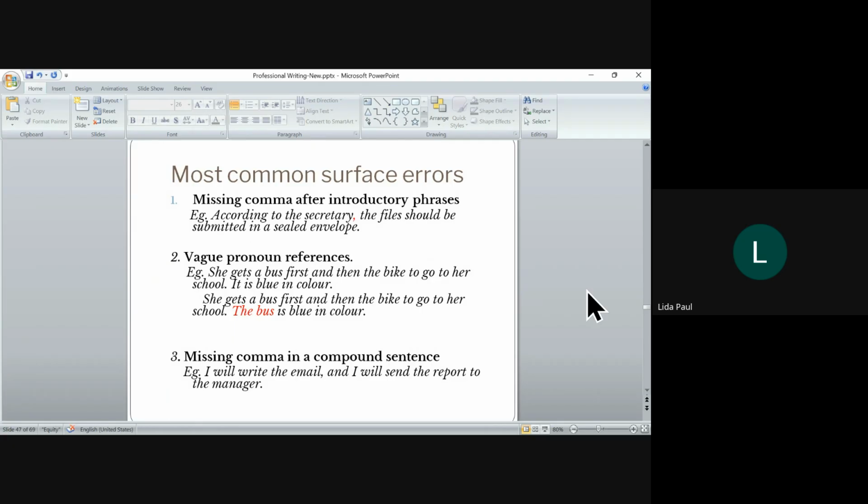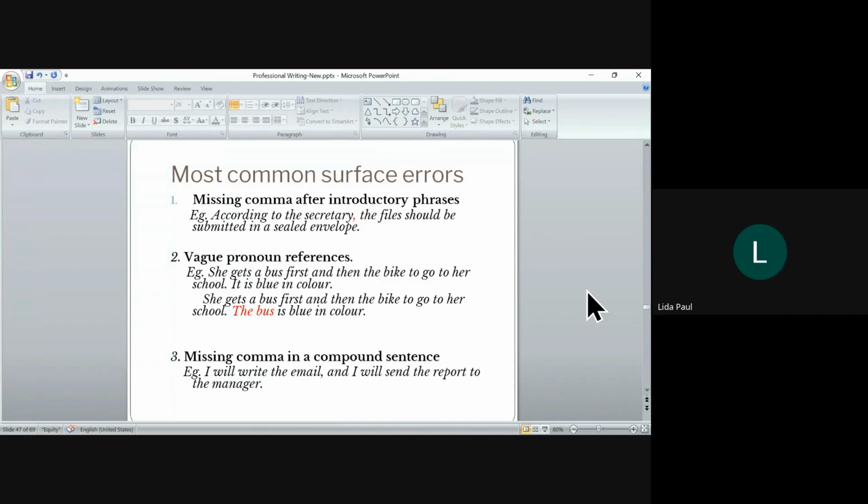Okay. Right. The first one here is missing comma after introductory phrases. Please read that example. What is the introductory phrase here? According to the secretary. Yeah. So according to the secretary, right? That's the introductory phrase, because if you look at the rest of the part, it's actually a full sentence.